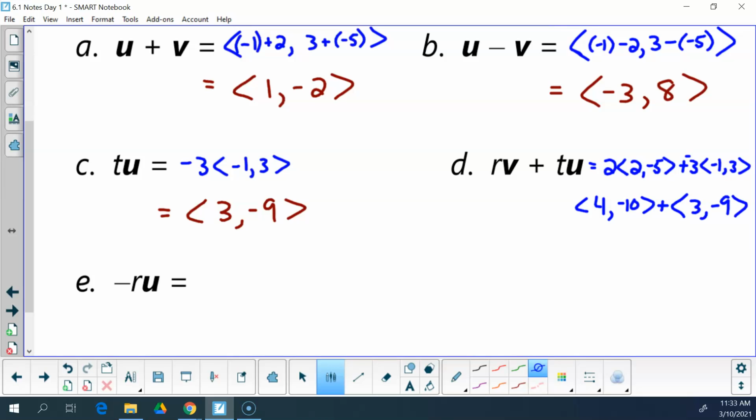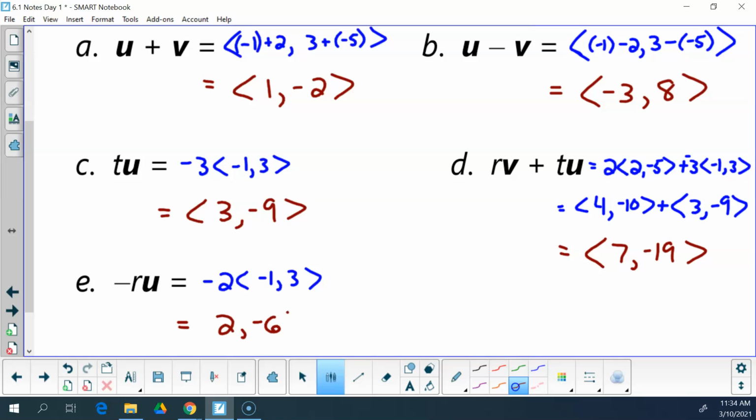That's going to give me 7 comma negative 19 for that one. And negative r times u, so that would be negative 2 times u, which is negative 1 comma 3. That's going to be 2 comma negative 6. Yes?